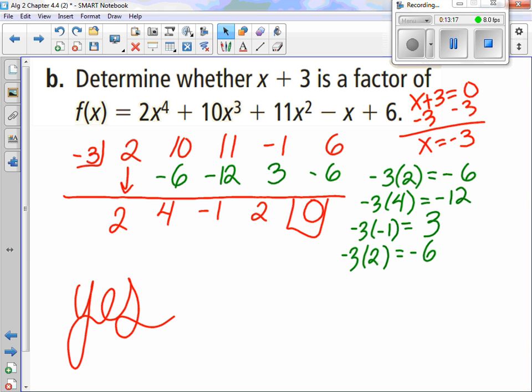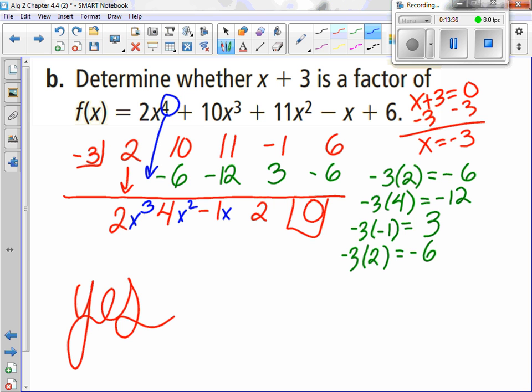yes? And not only that, if I were to plug the variables back in, constant, x, x squared, x cubed, I've taken it from a degree 4 down to a degree 3, yes? So if I know another solution, I can take it from a degree 3 down to a degree 2.